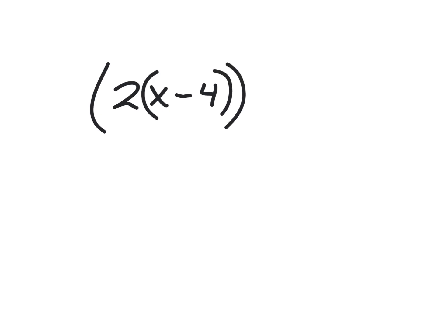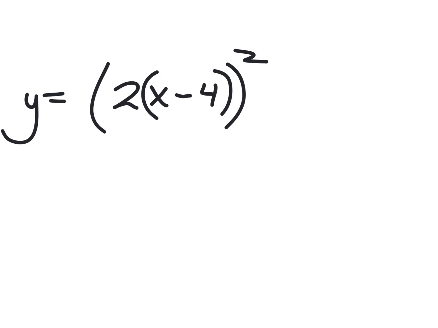So let's try one of those. Let's say I had 2x minus 4, and I'm going to put this in a parenthesis, though, and that changes things. As soon as I added that parentheses, that changes the order. Now, there's not even a reflection happening on this one, but there is two things happening.